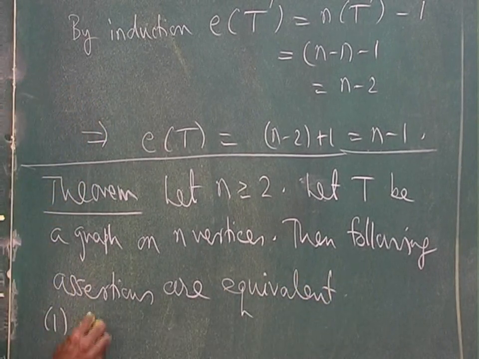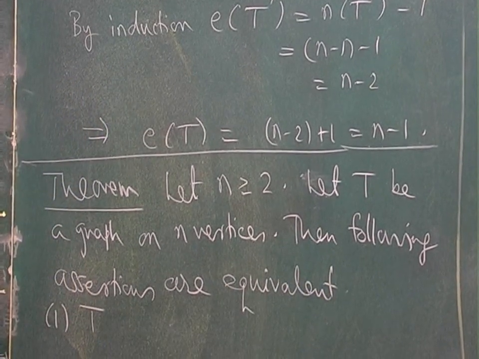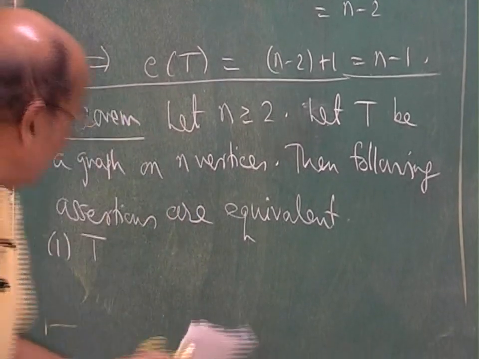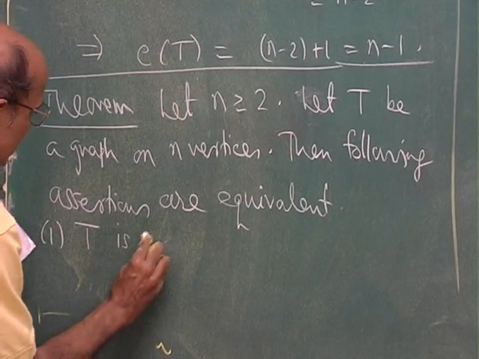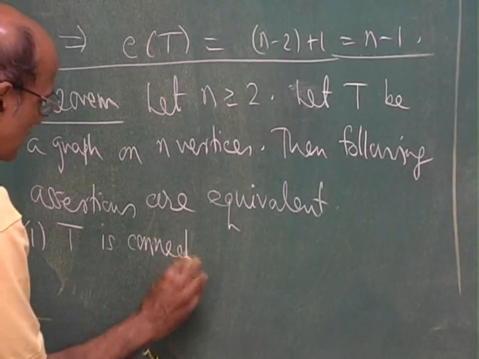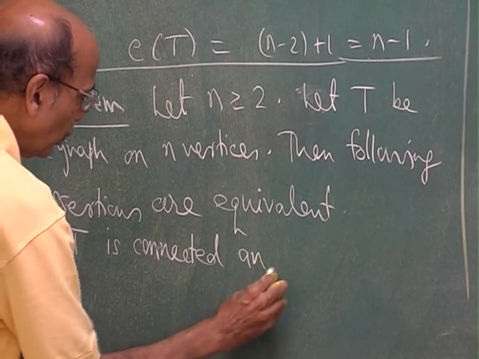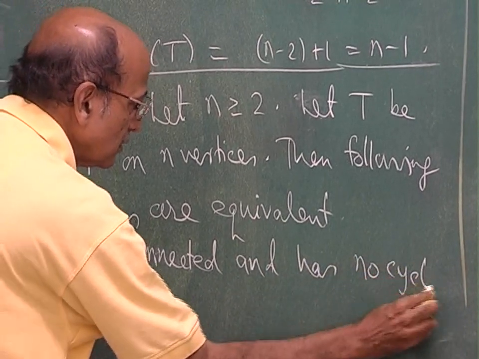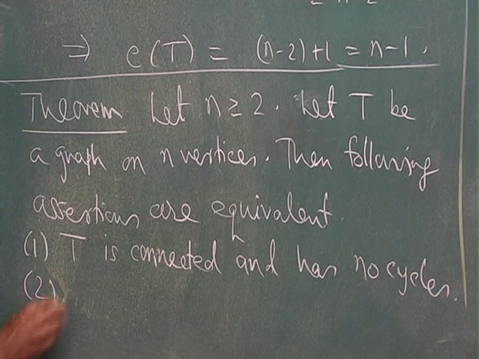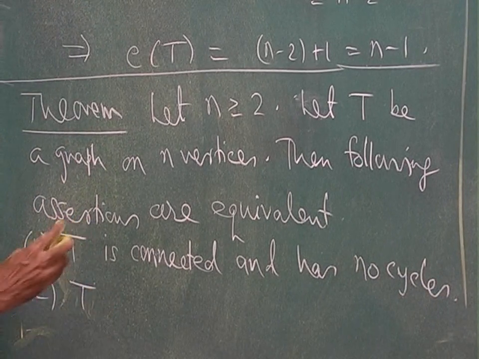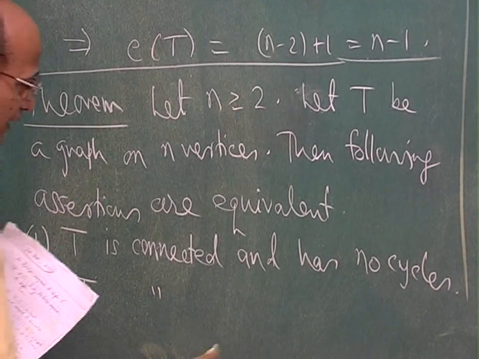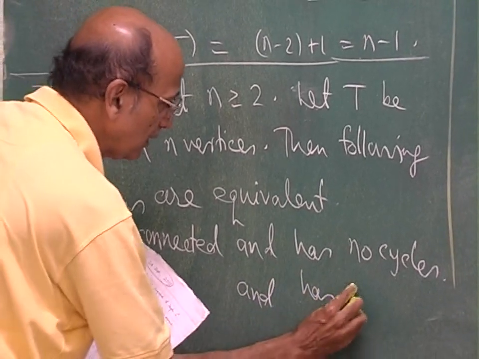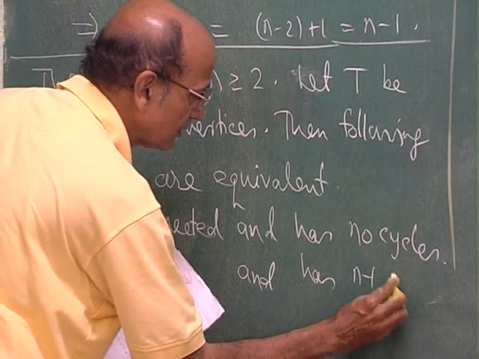One, T is connected and has no cycles. Two, T is connected and has n-1 edges.